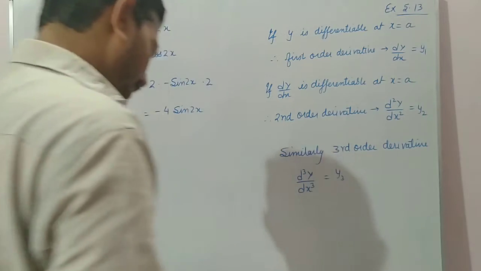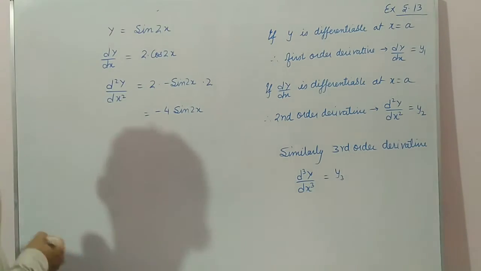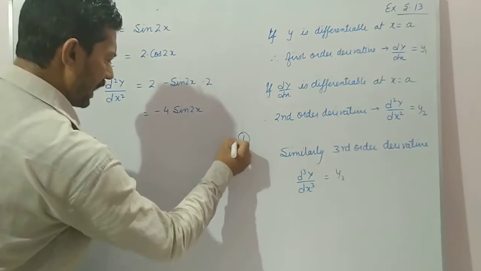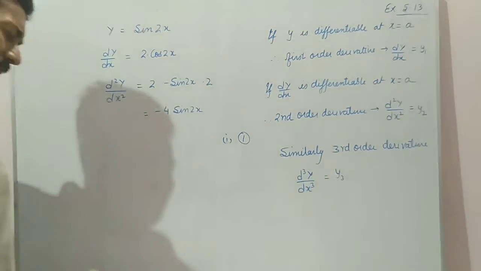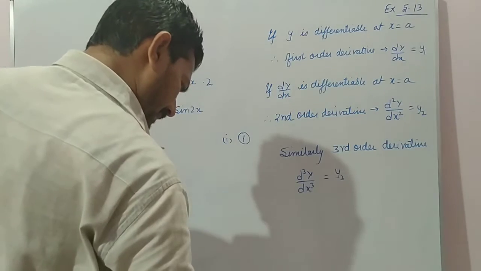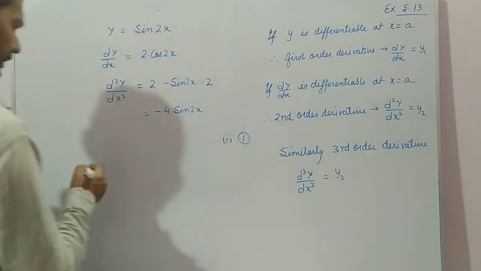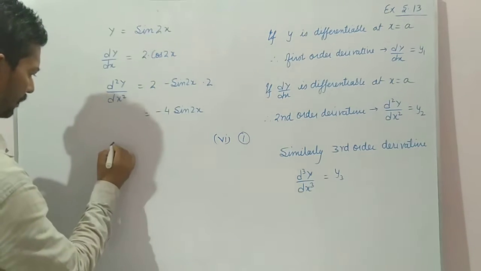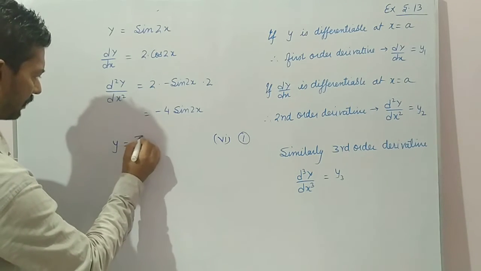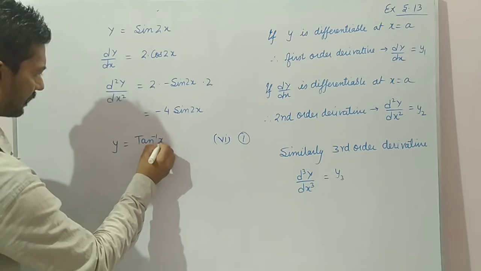Now question number 1. Here it is given that we have to differentiate 2 times. I am doing number 6. Suppose y equal to tan inverse x is given.